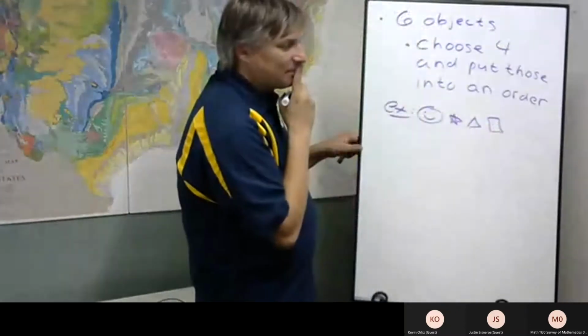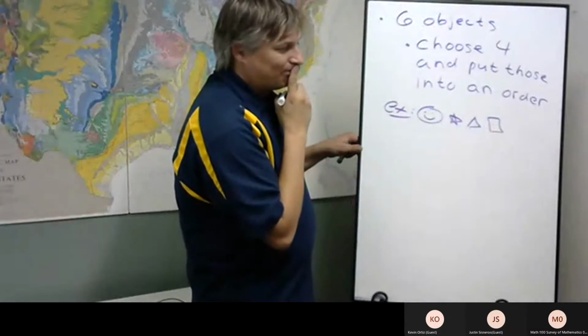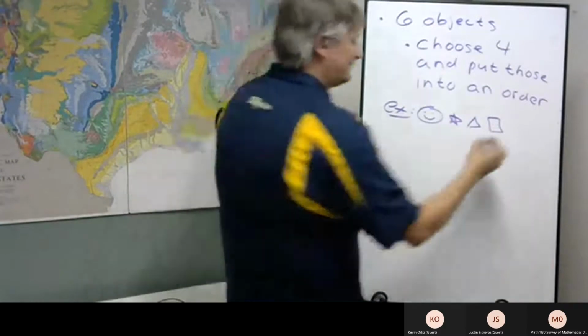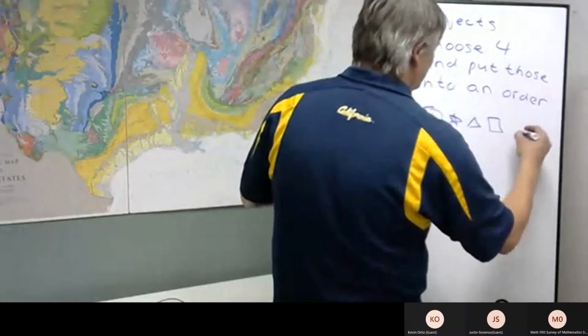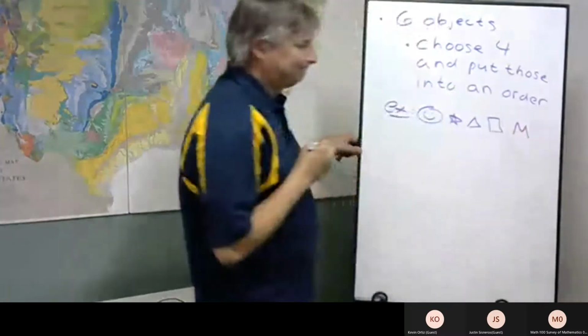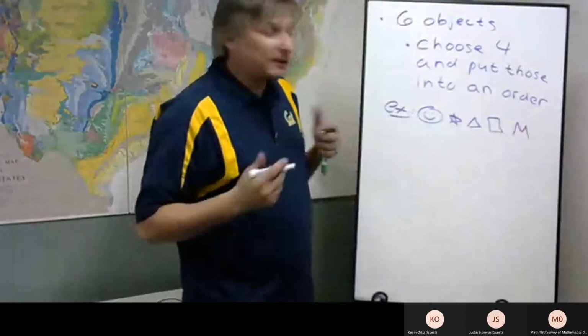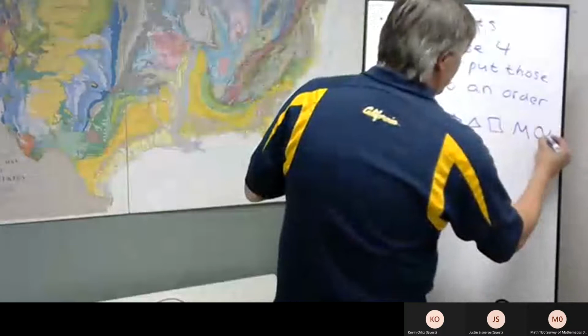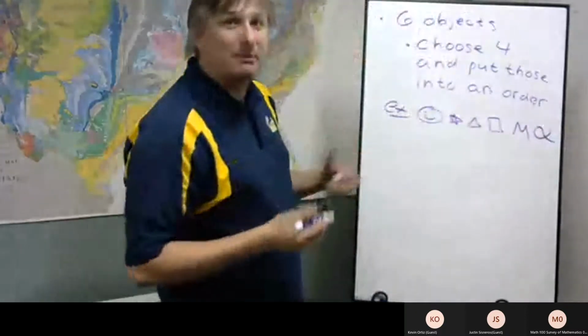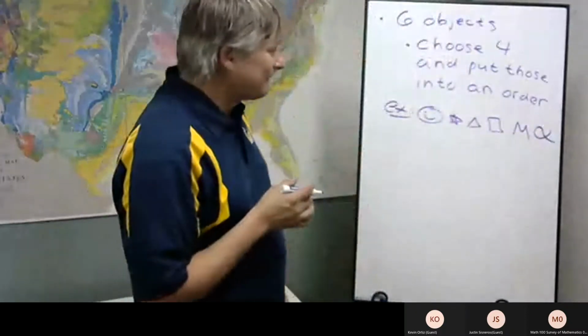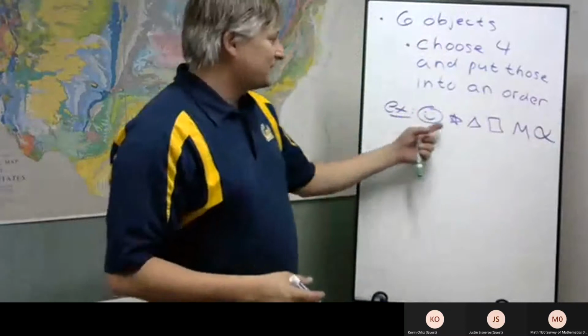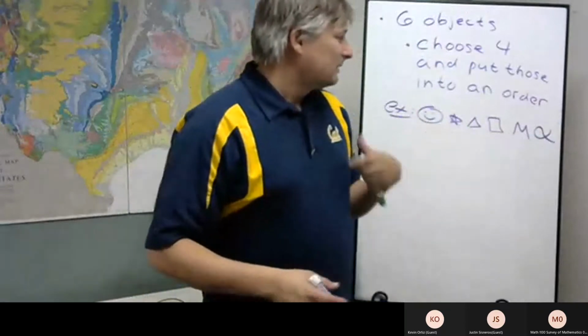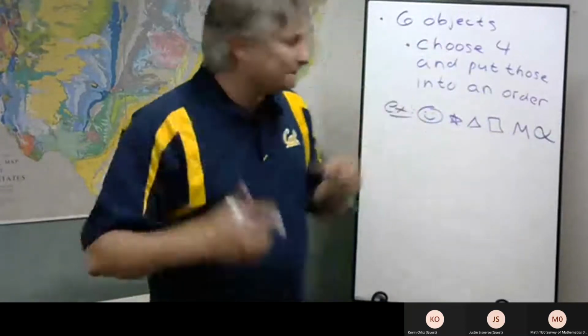Something other than geometry. Well, we'll go with the letter M. Let's learn a little bit of Greek tonight. Let's do alpha. The Greek letter alpha makes the A sound in Greek. So we have our 6 objects. Let's say we're going to choose 4.